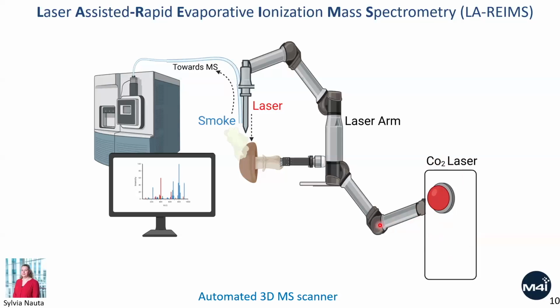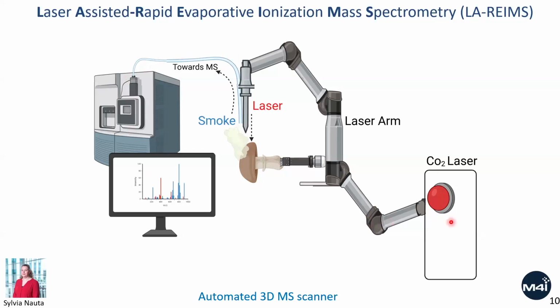And we connect it very close to our sample, and the sample is directly connected to a sample holder. So I just took the mushroom out of a box and put it here. And then we connect a tubing from the laser towards the mass spectrometer. And this is a computer that's connected to the mass spectrometer, and it will show us the mass spectrum. And there's another computer that controls the laser.